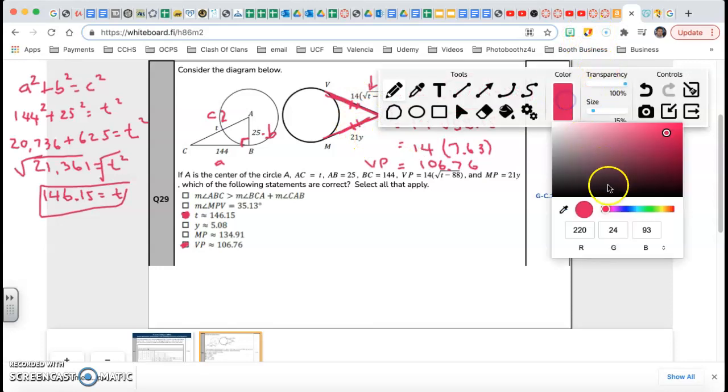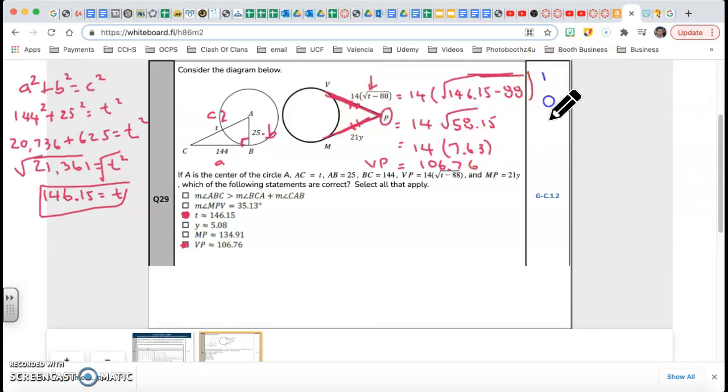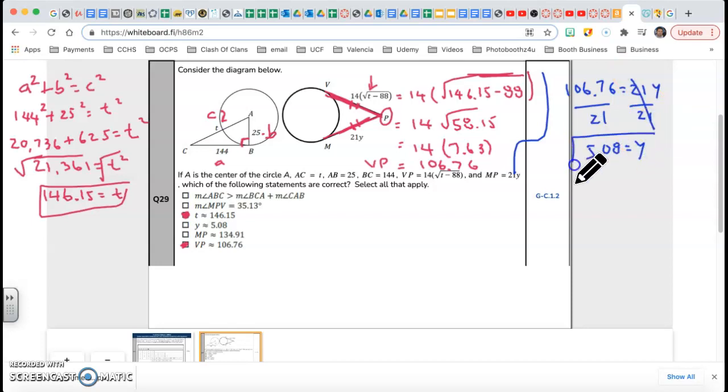Therefore, I can make that an equation: 106.76 is equal to MP, which is 21y. Then I divide by 21 on both sides, because I need to find the value of y. This value divided by 21 gives me 5.08. The 21 cancels, and this is the value of y.